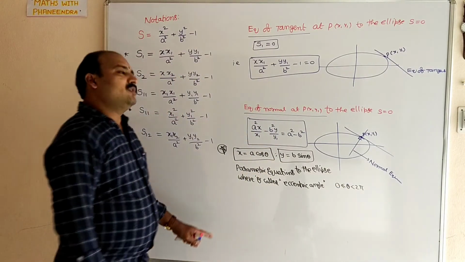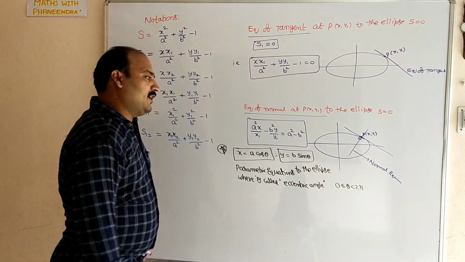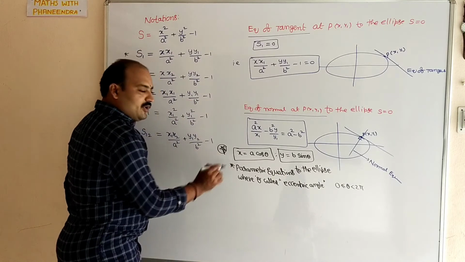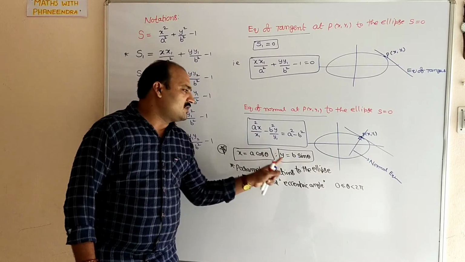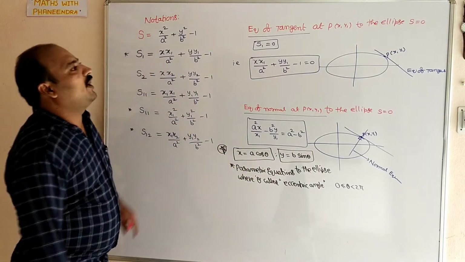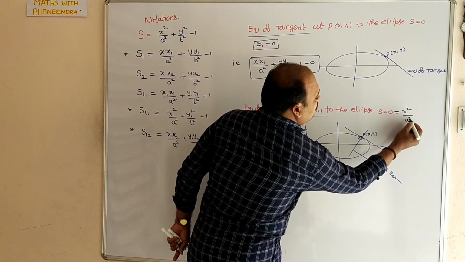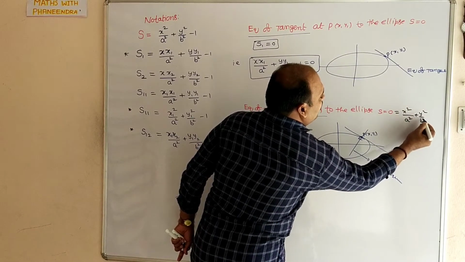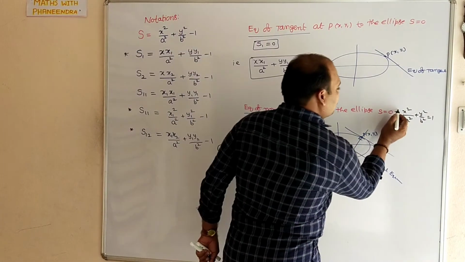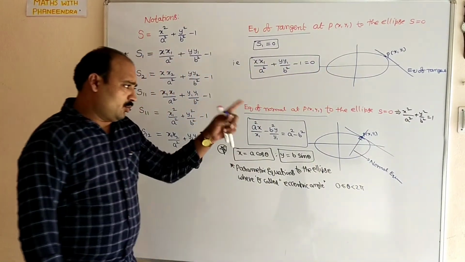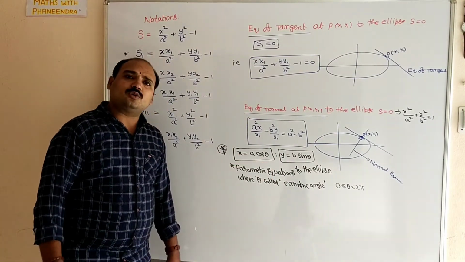Remember that x equal to a cos theta, y equal to b sin theta are called parametric equations of the ellipse. That means these satisfy the given equation of ellipse S equal to 0, that is x square by a square plus y square by b square equal to 1. That equation is satisfied by x equal to a cos theta, y equal to b sin theta.